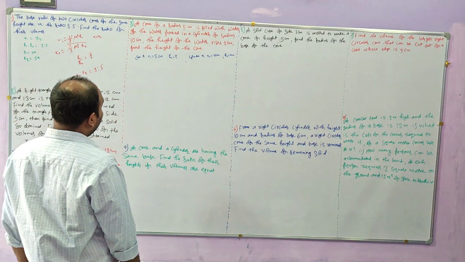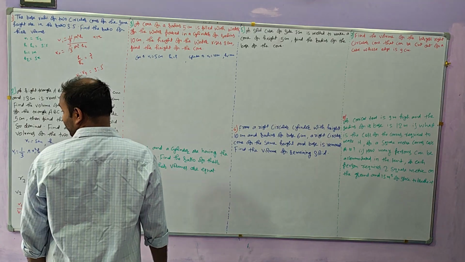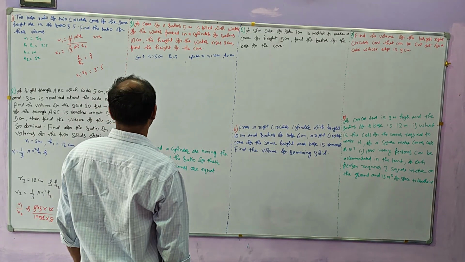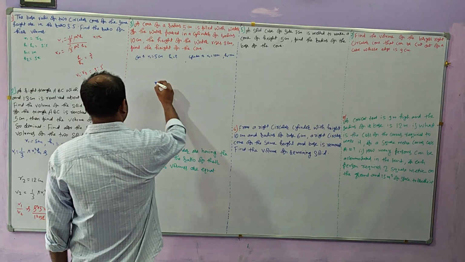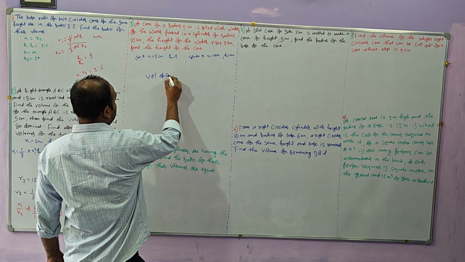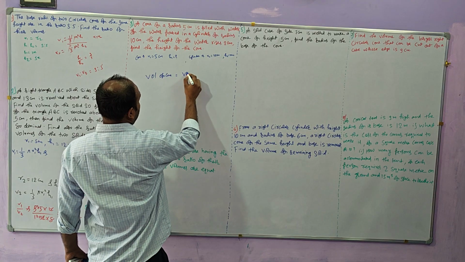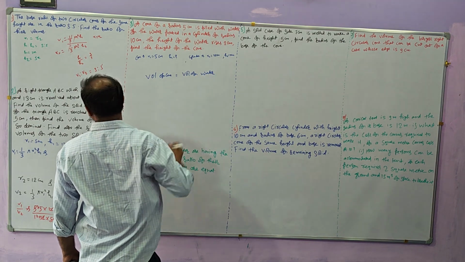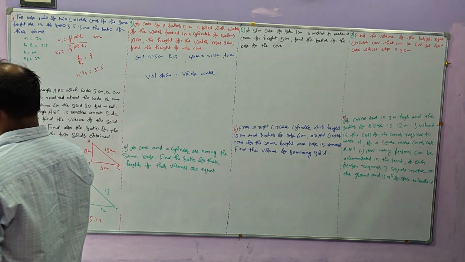So, we know the volume of cone is equal to the volume of water, and the water is inside the cylinder.